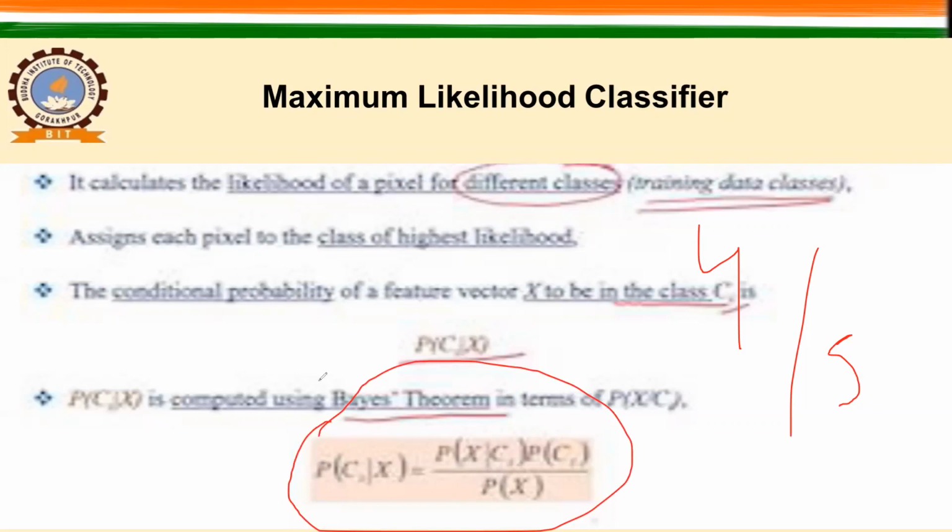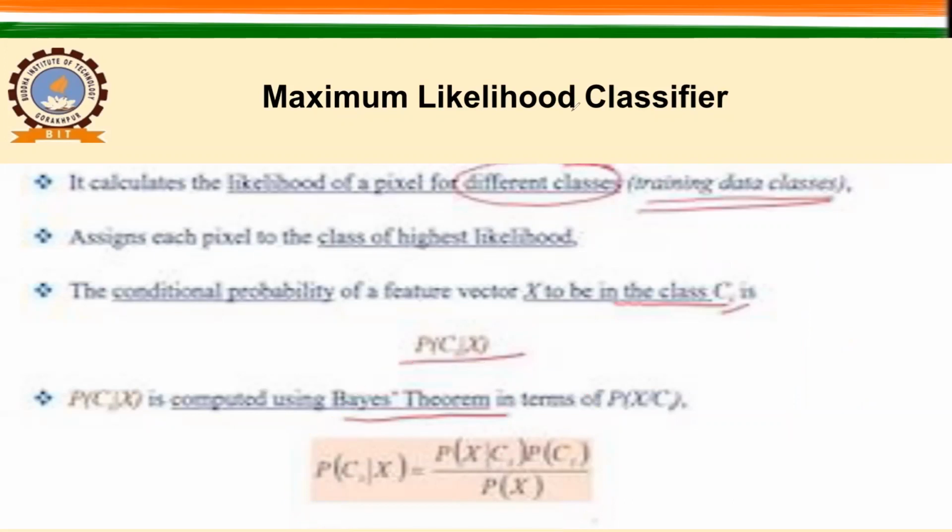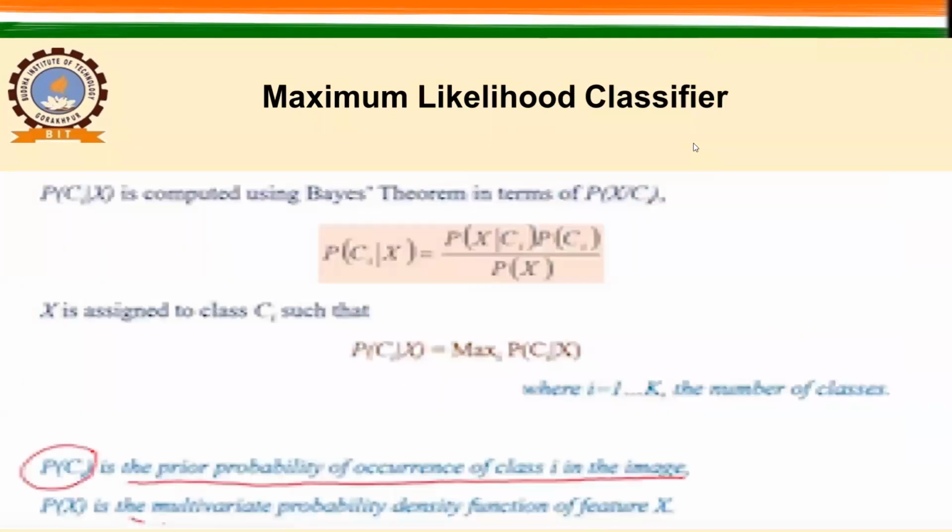Now the probability of the x pixel to be classified in the Ci class can be calculated using this formula, where x is assigned to class Ci such that we get the maximum probability for the Ci class, where i can be 1 to k, the number of classes.